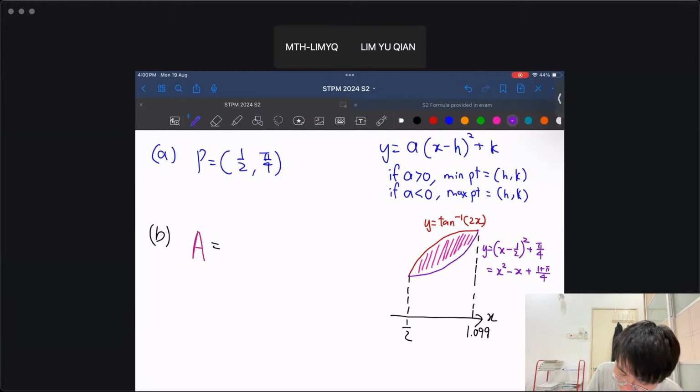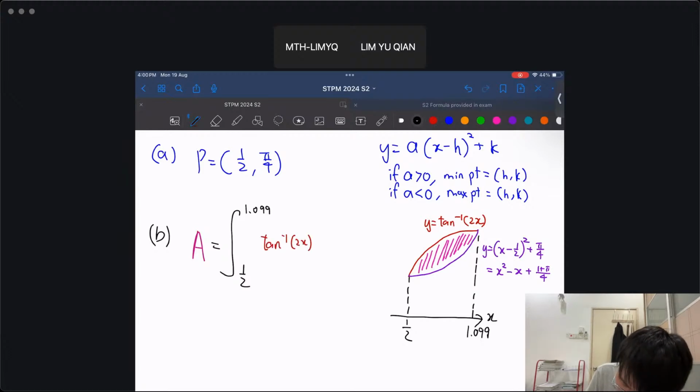Now let's substitute. From 1 over 2 to 1.099 of the upper curve, which is arctangent of 2x, minus, in the bracket, x squared minus x plus 1 plus pi over 4, dx.